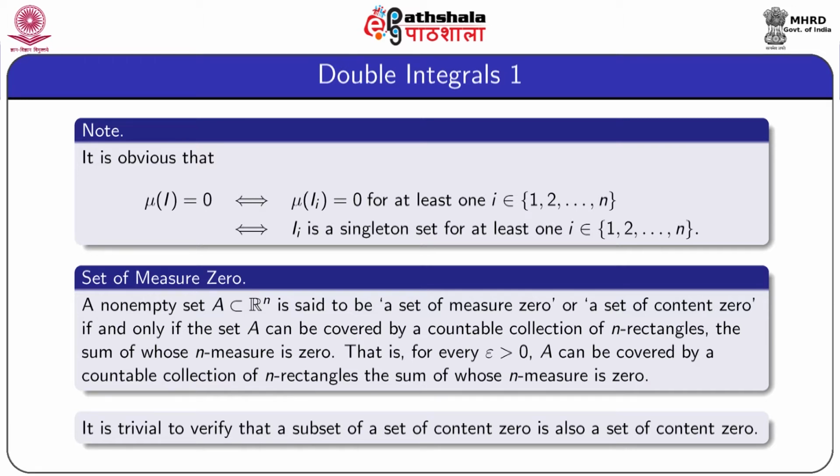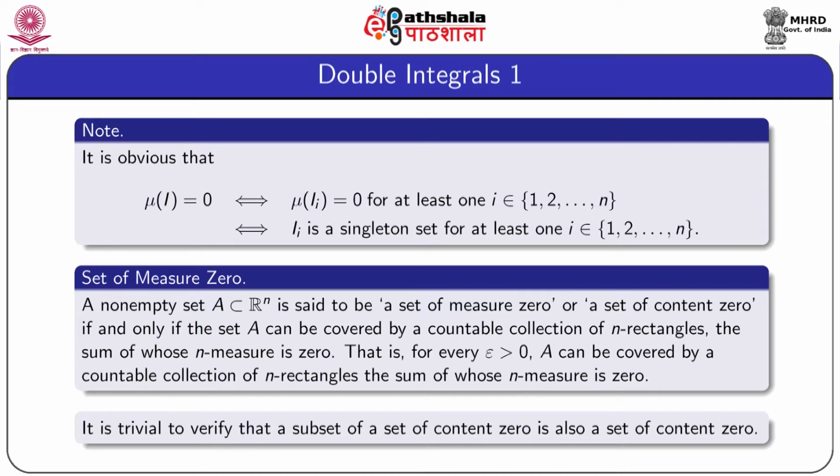Now we are going to introduce an important concept, set of measure 0. A non-empty set A, a subset of Rn, is said to be a set of measure 0 or a set of content 0 if and only if the set A can be covered by a countable collection of n-rectangles, the sum of whose n-measure is 0.